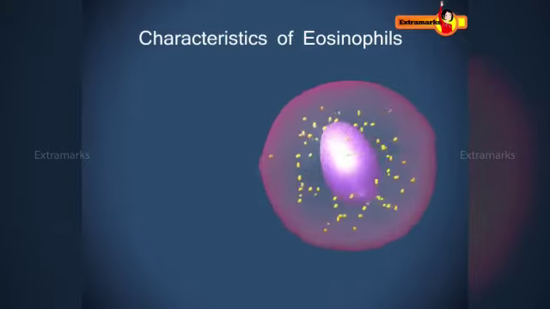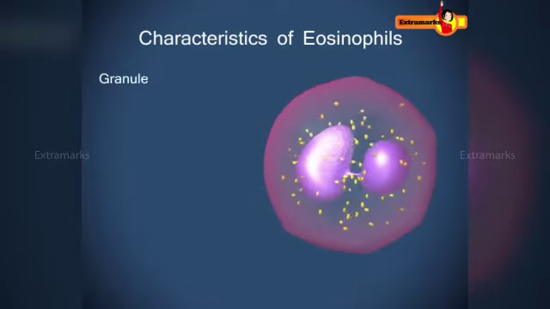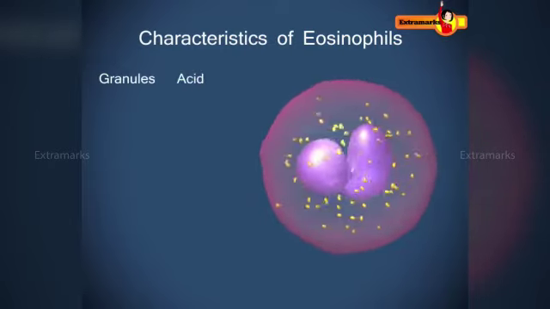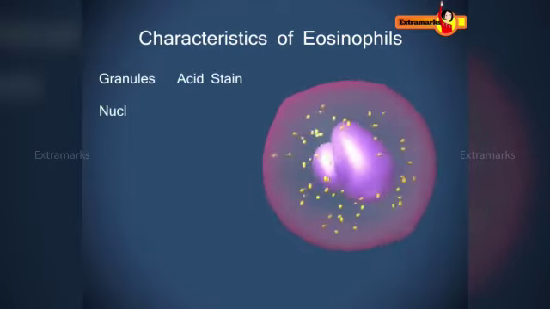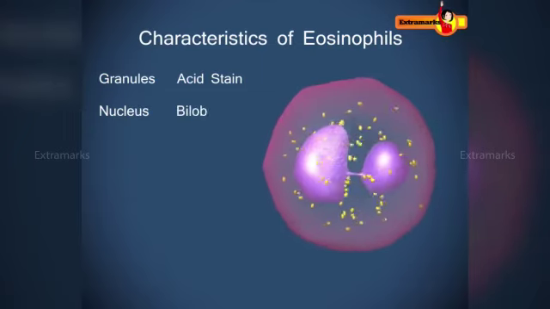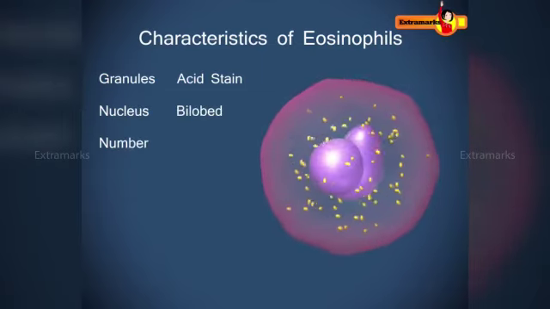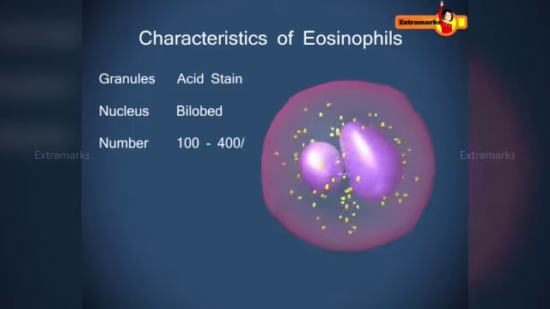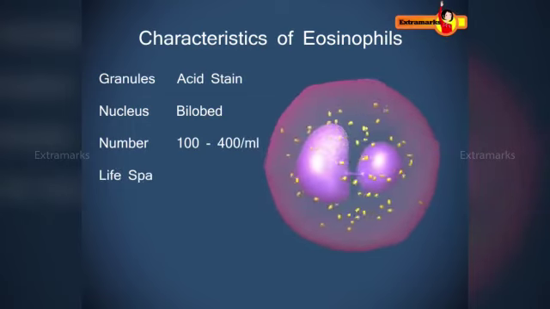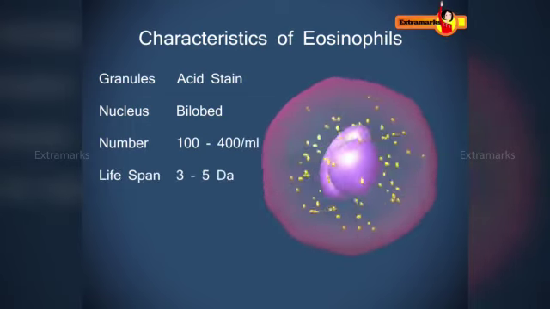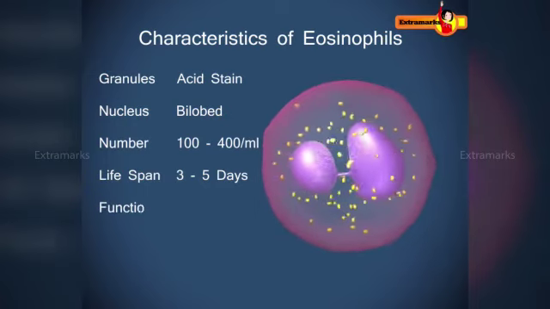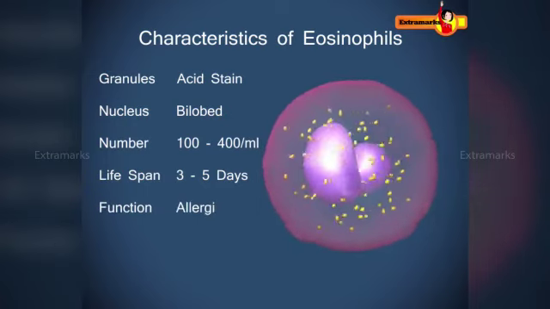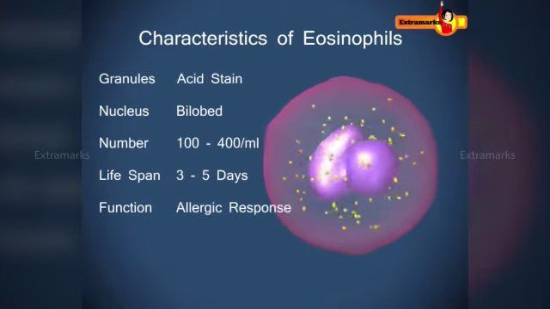Eosinophil contains granules that take acid stain like eosin. Their nucleus is bilobed. They number 100 to 400 per milliliter of blood. Lifespan of eosinophil is 3 to 5 days. They play a very significant role in allergic responses.